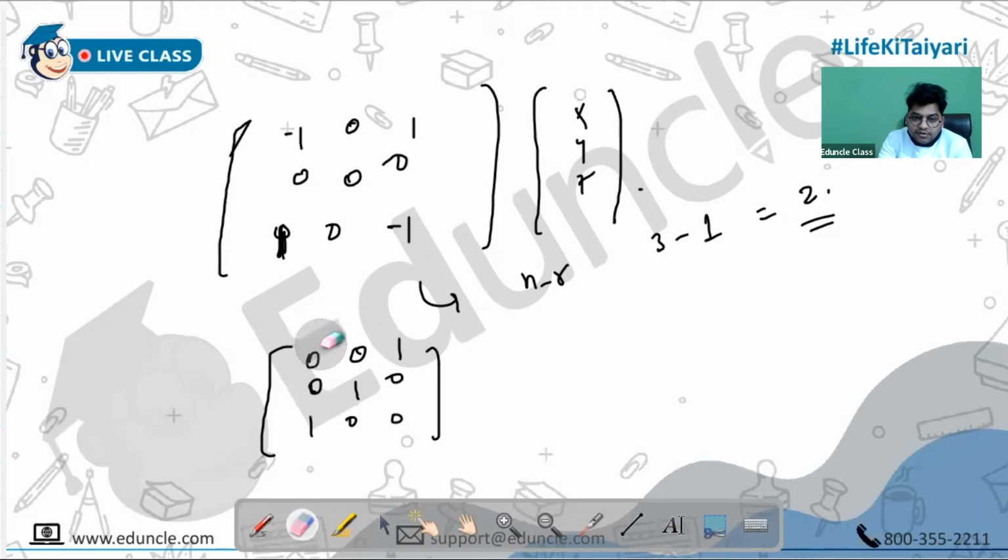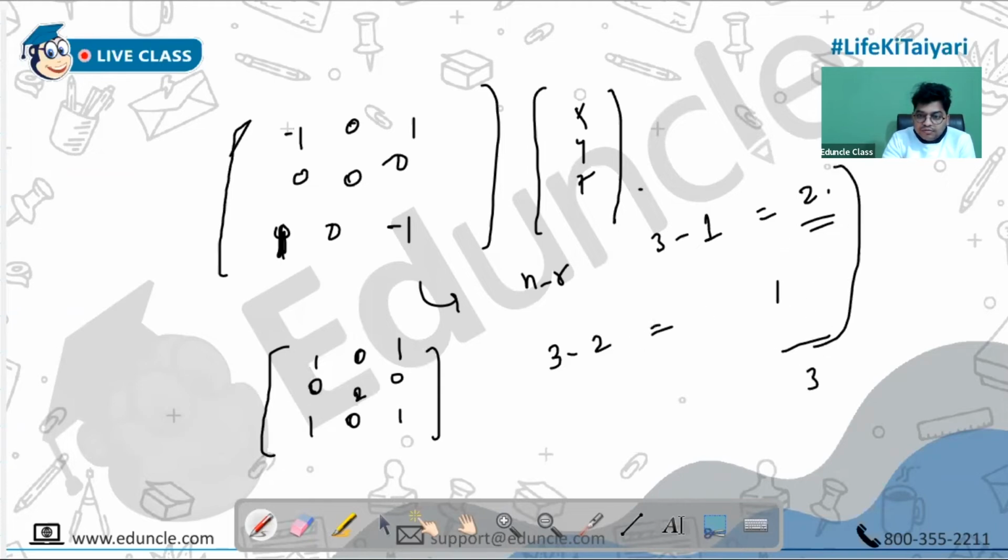So this is A plus I, with rows 1 0 1, 0 2 0, 1 0 1. Here n minus r is 3 minus r. What is the rank of this matrix? I think it is 2, so the dimension is 1. So the sum is 3.